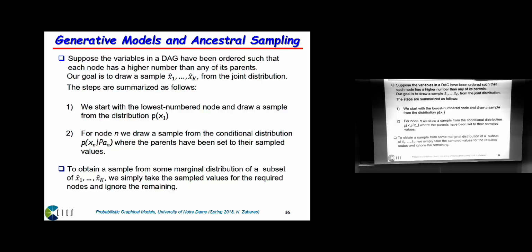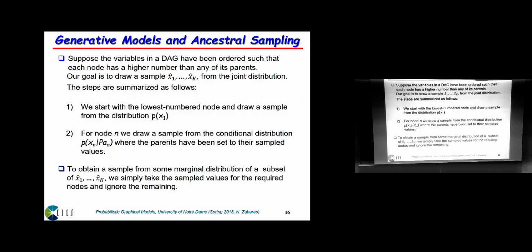And then the probability of x3 given the parents of x3, which I will assume are x1 and x2, right? So you basically proceed from the root to the leaves, sampling first from this marginal and then from these conditionals, and this is called ancestral sampling.